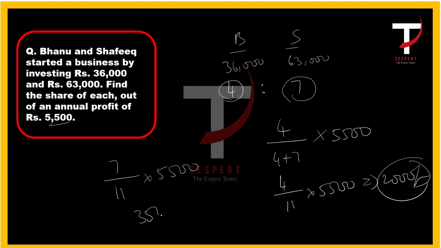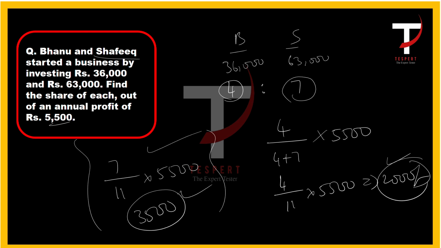So we can directly say if the share is 2000 for Banu, then 5500 minus 2000, which is 3500, for Shafiq. But how did we arrive at this? Here we first calculated the ratio of their investments. After that, the annual profit that they got is divided in the same ratio of their investments, right? So the profit is divided in 4:7 ratio.